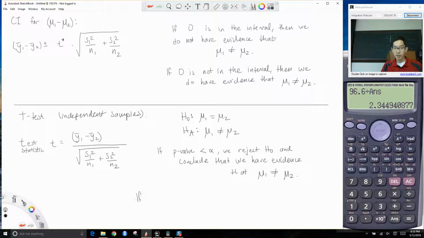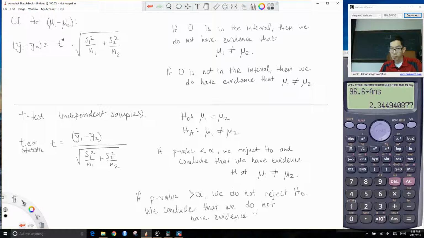On the other hand, if the p-value ends up greater than alpha, we do not reject the null hypothesis, and we conclude that we do not have evidence that mu1 is different from mu2.